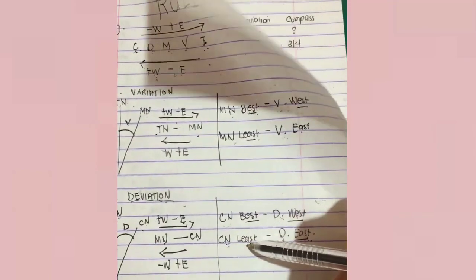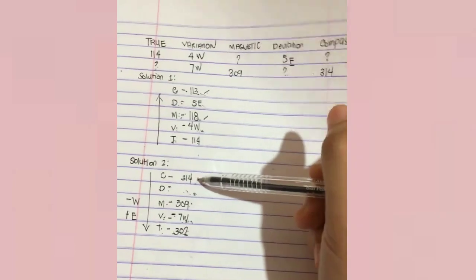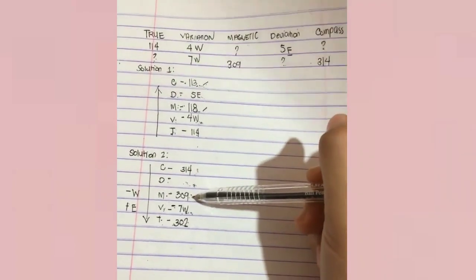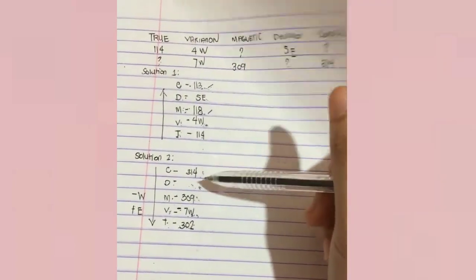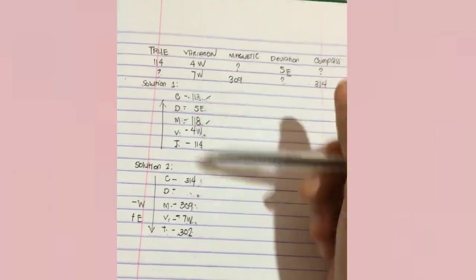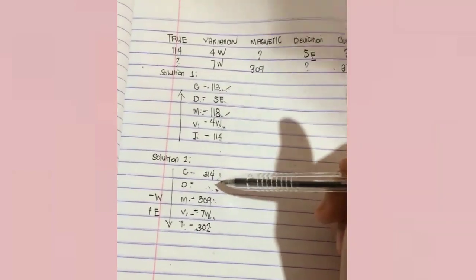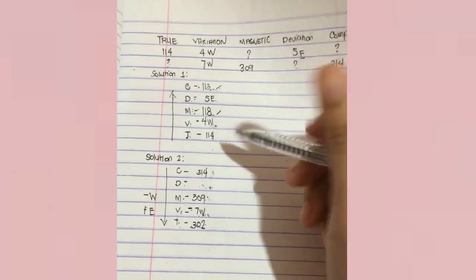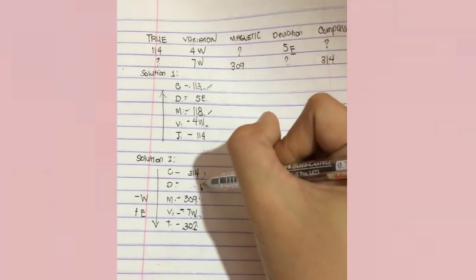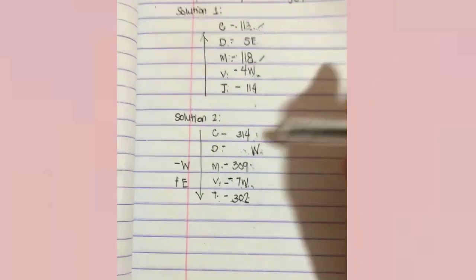If the compass north is less, the deviation is east. The compass north is greater than our magnetic north, so the compass is best, and the direction will be west. So we already have our direction, which is west.